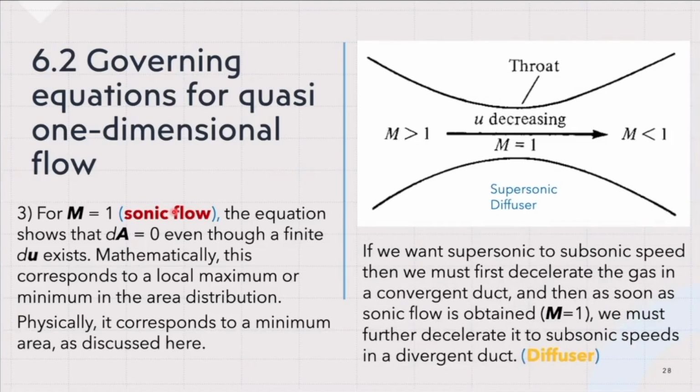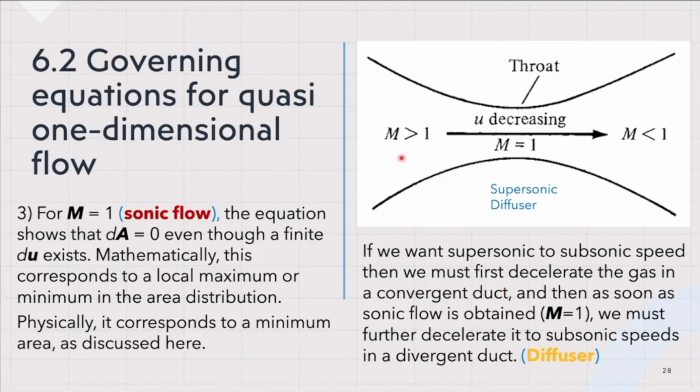The next case is if we want to go from supersonic to subsonic speed, Mach more than 1 to Mach less than 1. Then we must first decelerate the gas.